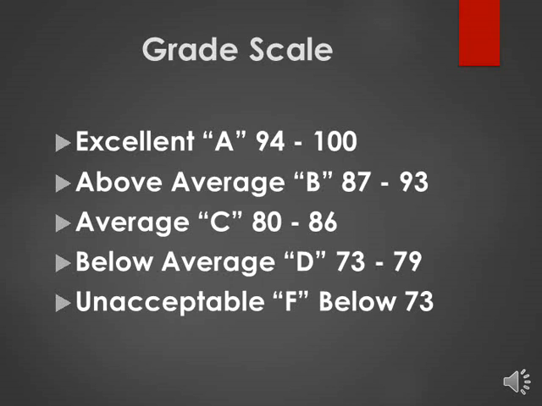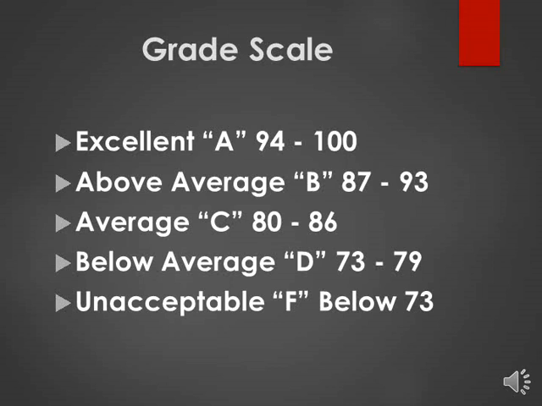The numerical value scale is 94 to 100. For a B, or above average, the numerical value is 87 to 93. An 80 to 86 numerical value will be designated for those that have demonstrated an average C per course.